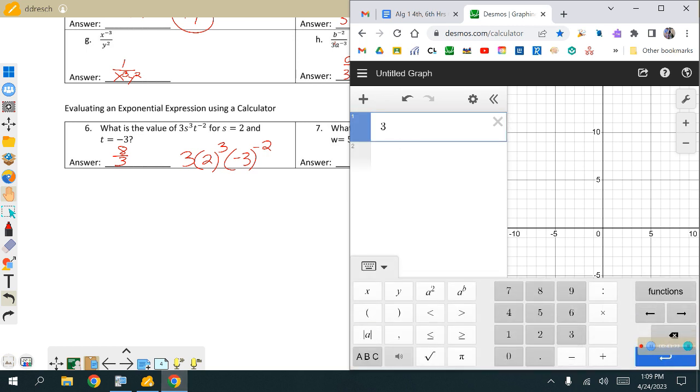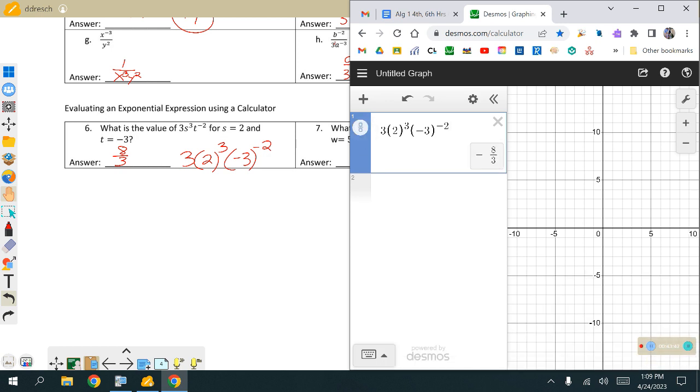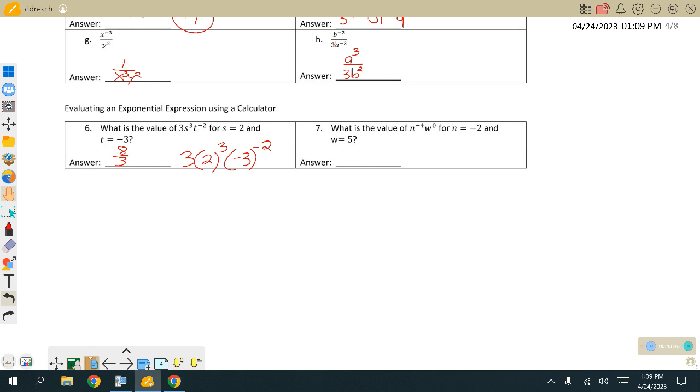If you did not, this is your chance here. If you did not, raise your hand. Miss Keenel will come around. She'll help you. Maybe not a smile, but she'll help you. All right, and what do we got? To the -2. Boom, boom. Same thing, fraction, 8/3.